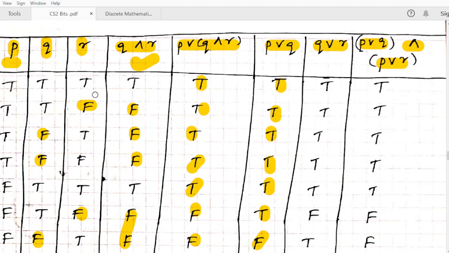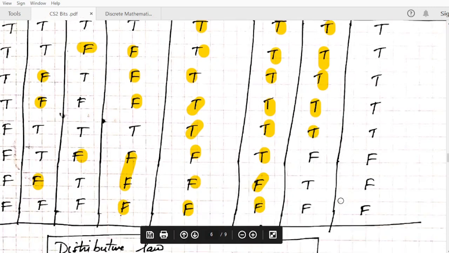We are going to use the operation P or R. In that case, true, true is true, true, false is true. Again, true, true is true, true, false is true, false, true is true. We get false and false is false, false and true is true, false and false is again false.